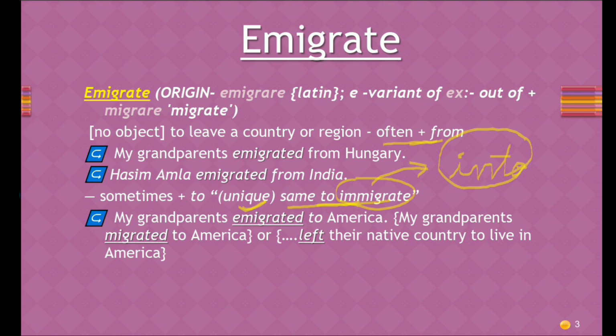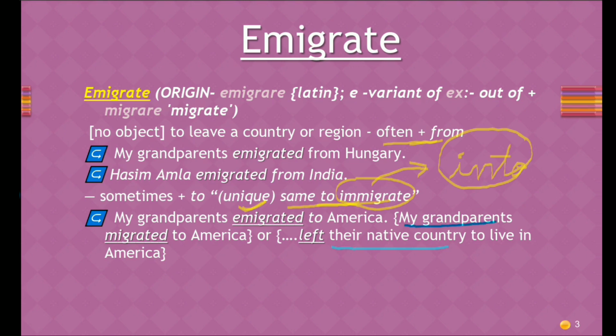Now, my grandparents immigrated to America. We can understand this in this way: my grandparents migrated to America, or left their native country to live in America, or came into or entered a new country, that is America. I hope it is clear.